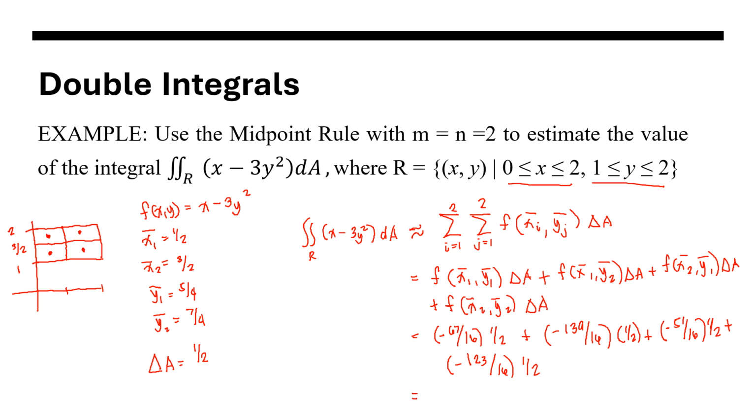So you have negative 95 over 8, and this is now the volume, the double integral of x minus 3y squared dA.